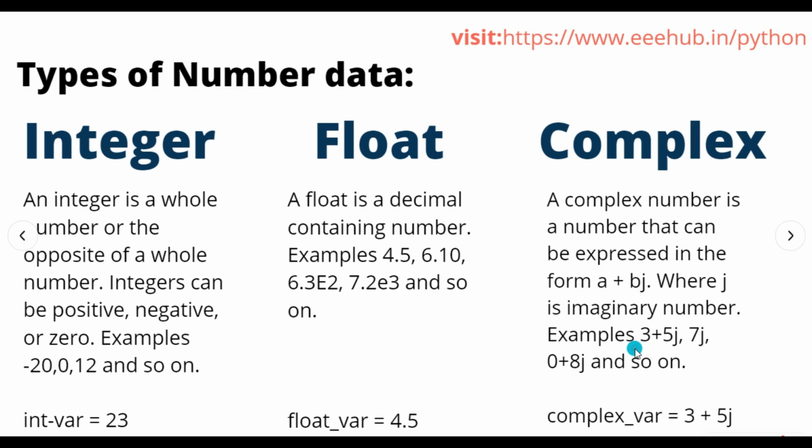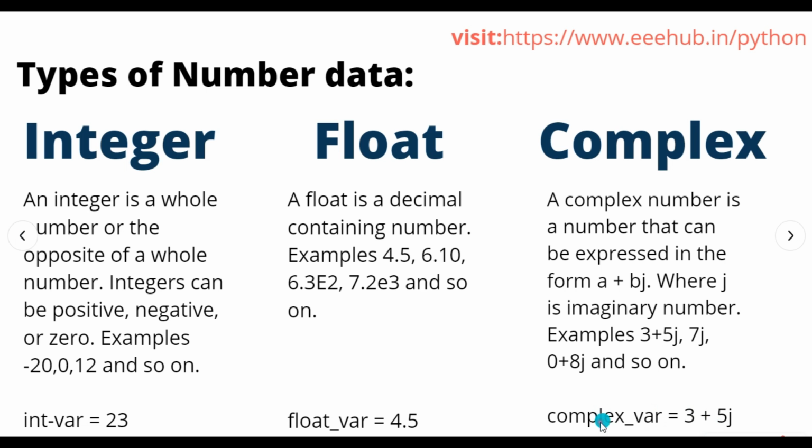For example, we have 3+5j where 3 is a real number and 5 is the imaginary number. In the second example, the real part is not present. We have only the imaginary part like 7j, and the third number is 0+8j and so on. So we have created one complex variable, complex_var, and we have assigned value 3+5j to it.